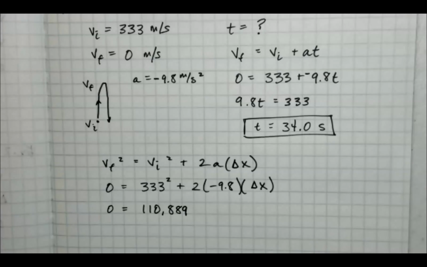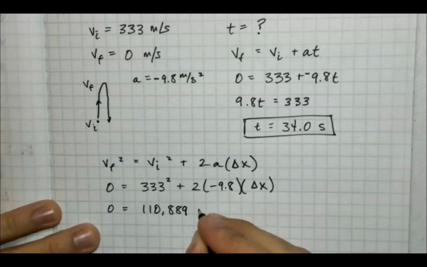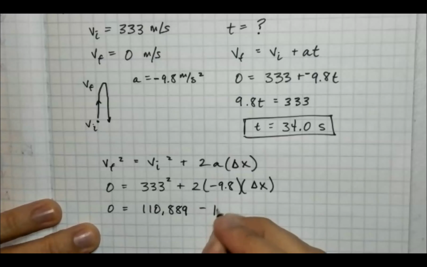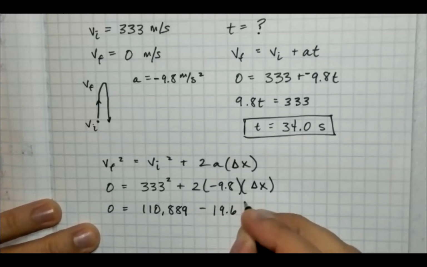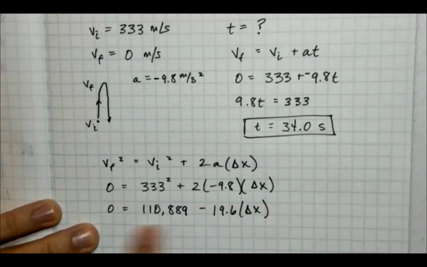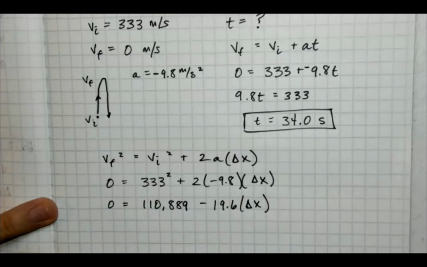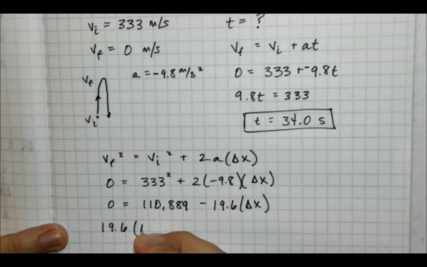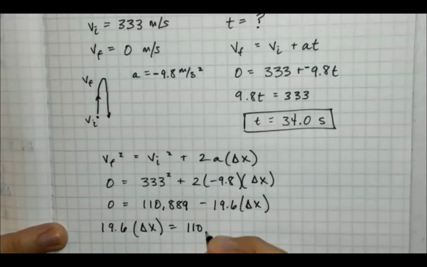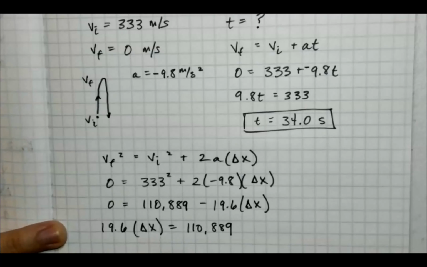And then negative 9.8 times 2 is negative 19.6. I'm going to add this term to both sides. And then I solve for x by dividing.